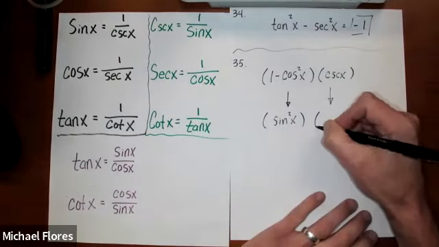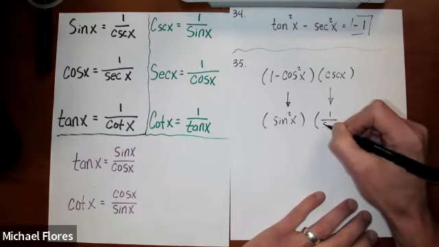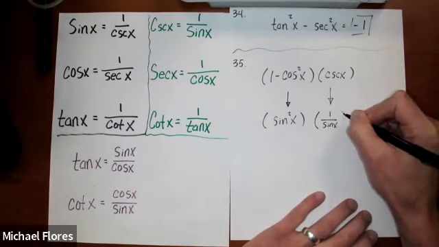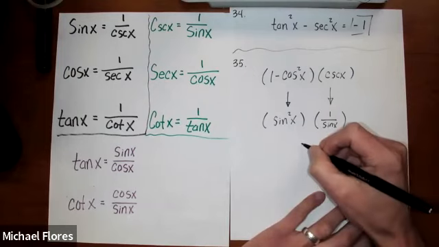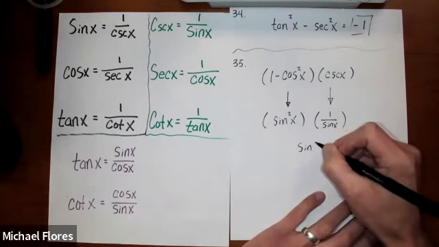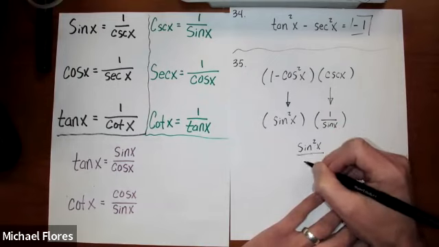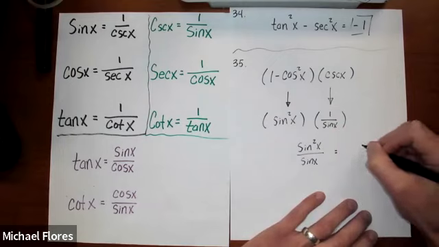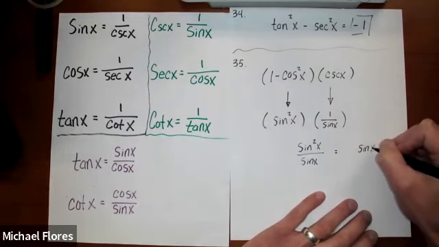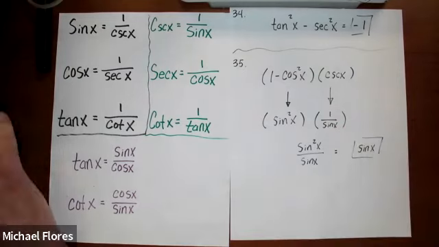So I will change that. Now, if I multiply these two together, we would have, which simplifies to sine of x. Final answer.